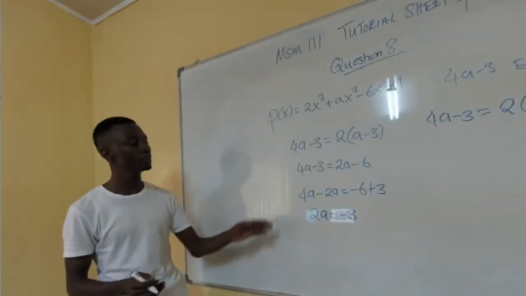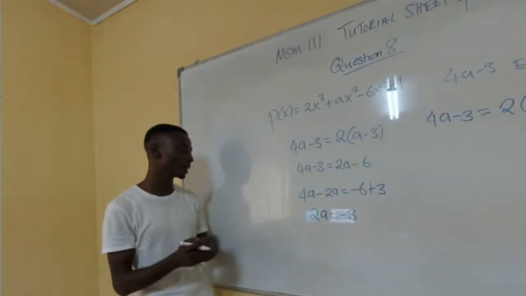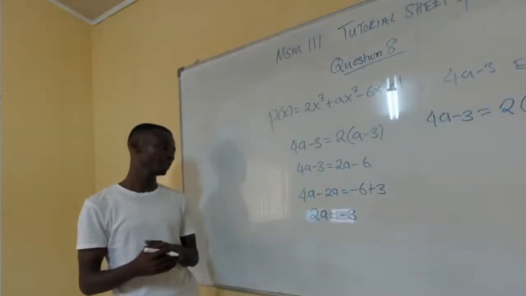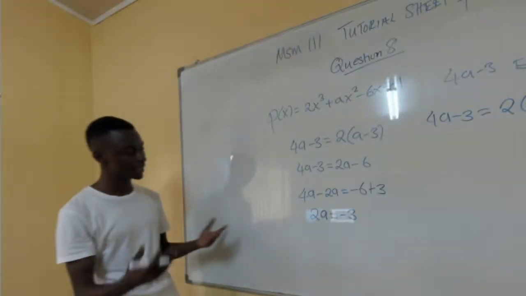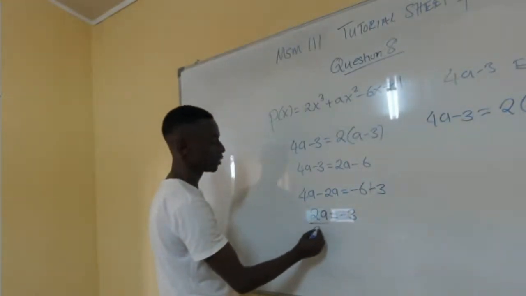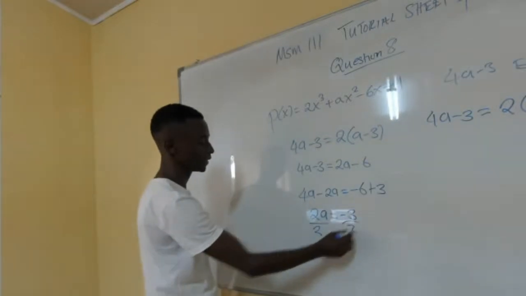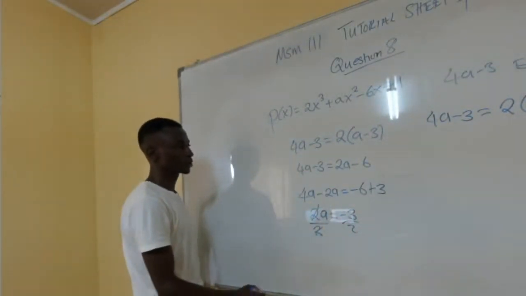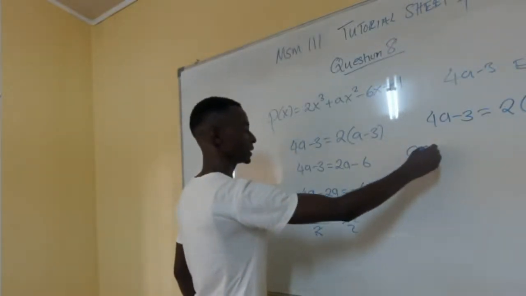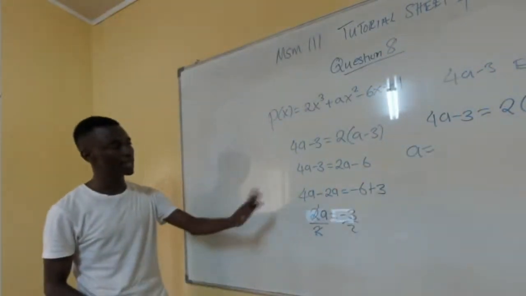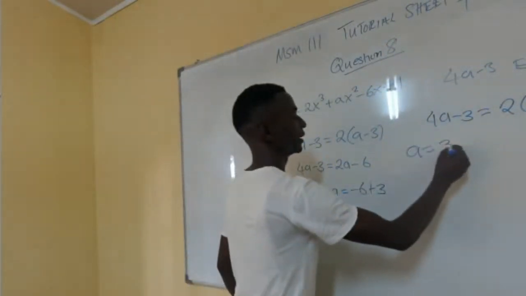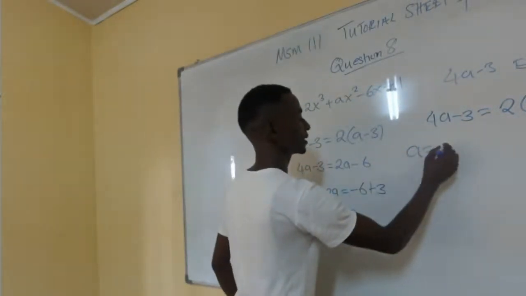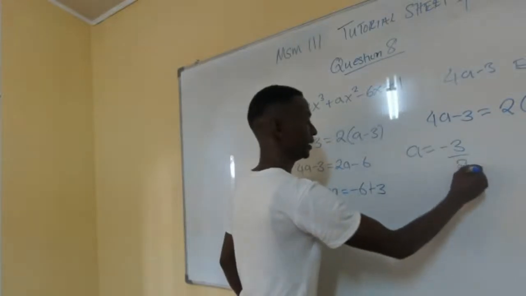So we're going to divide both sides by 2 to make a the subject of the formula. So dividing both sides by 2, we're getting something like this. Over 2, even they are over 2. So 2 into 2, that's 1, you cancel. So you say a is equal to negative 3 over 2.